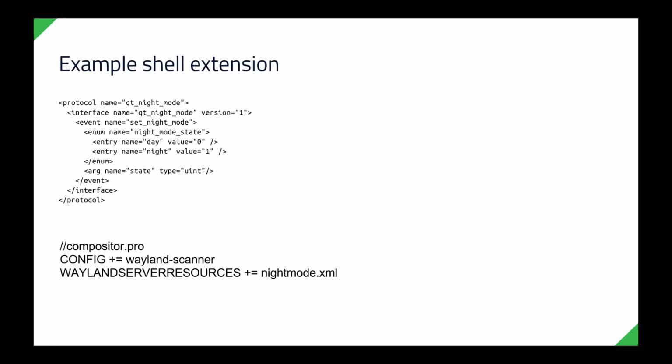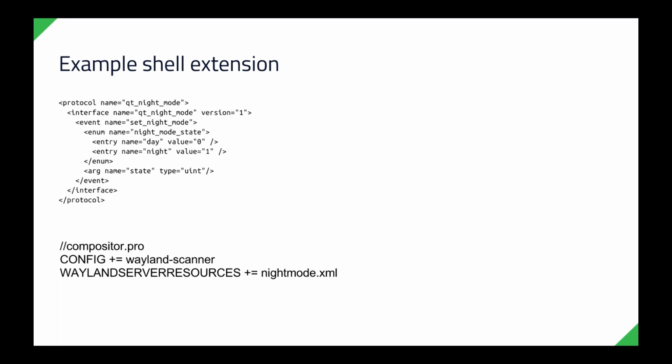And in order to generate the class which you subclass, you need to add CONFIG += wayland-scanner to your project file, and also tell it where the XML file is. And it's almost exactly the same on the client side. I won't go through all this in detail.